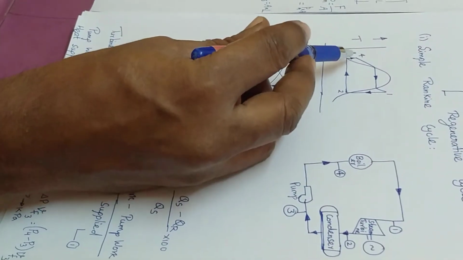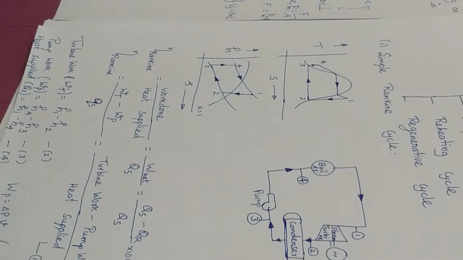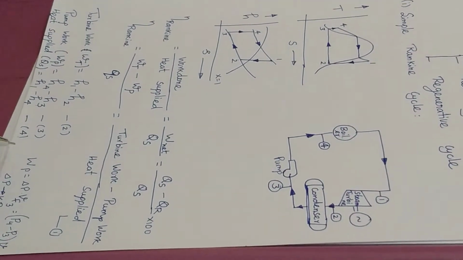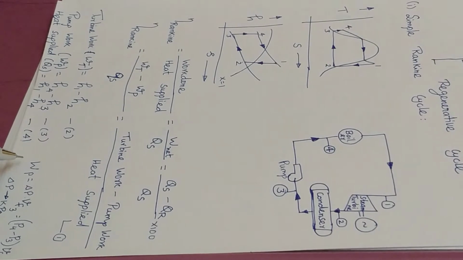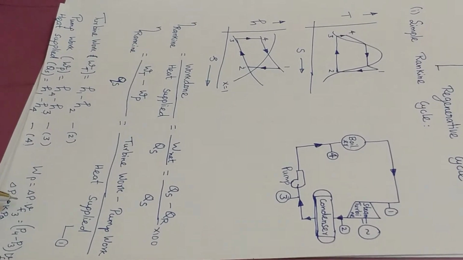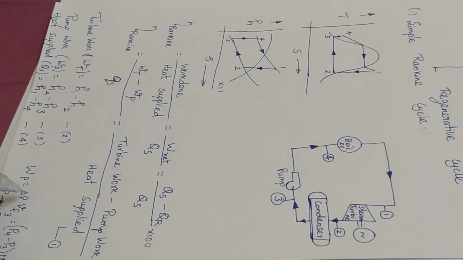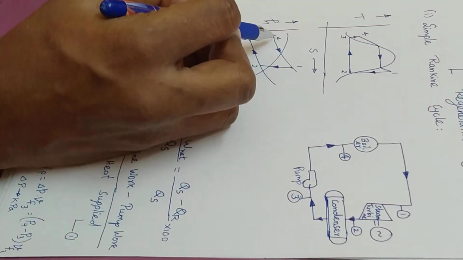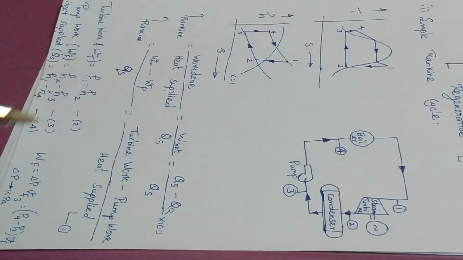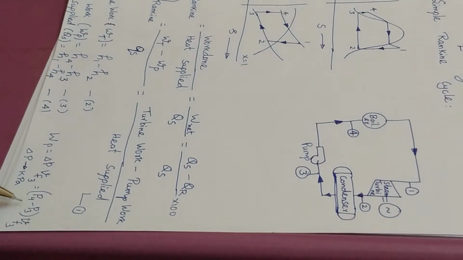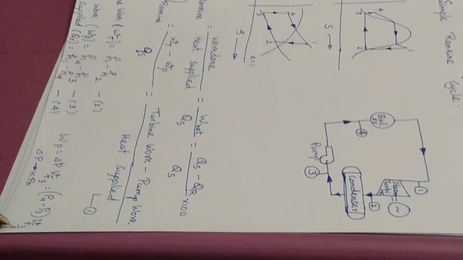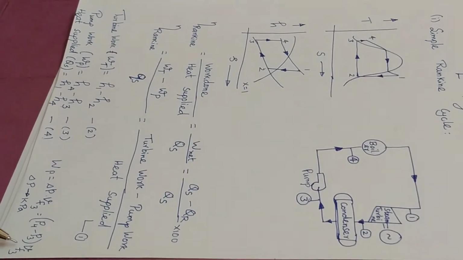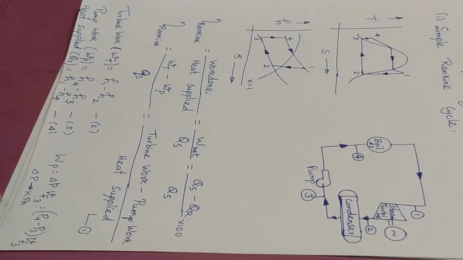But this H4 we cannot find directly using the steam table, and hence another way of finding the pump work is delta P into vf3. This delta P is nothing but the pressure difference between points 4 and 3. Therefore P4 minus P3 into vf3, where vf3 is the specific volume of the fluid at point 3.